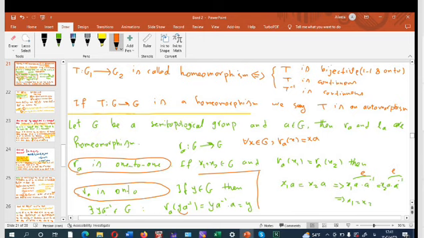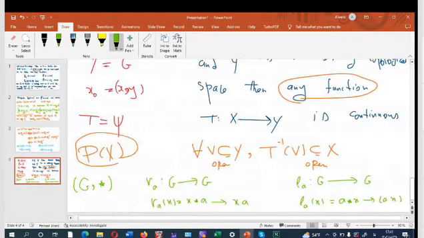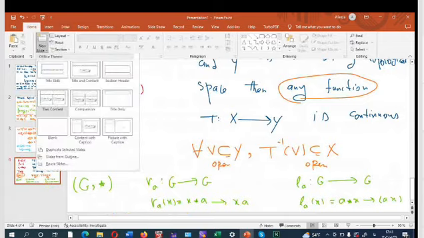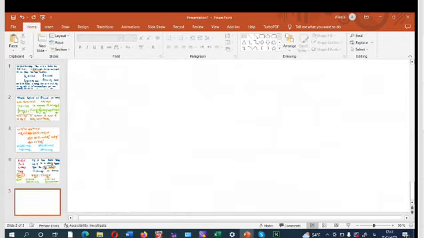This implies that these two are equivalent because we can act the inverse of A from the right side of this equality, okay? It is very trivial.